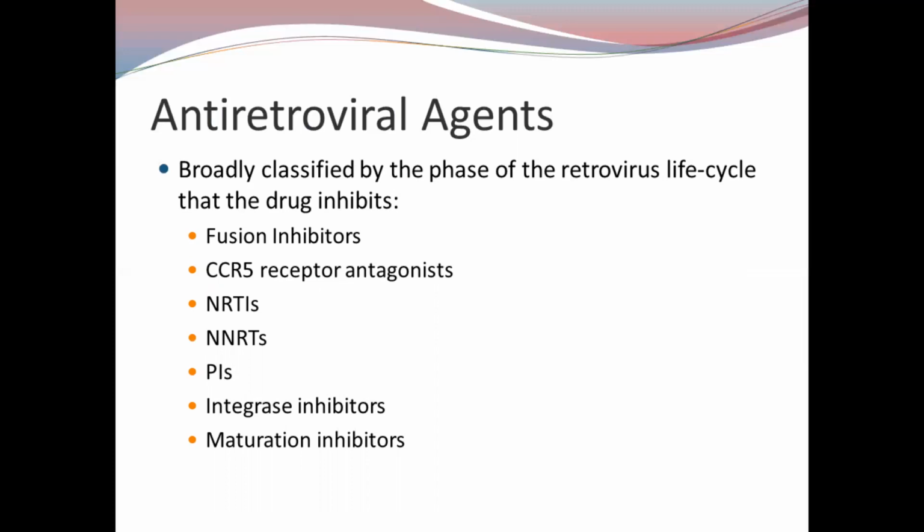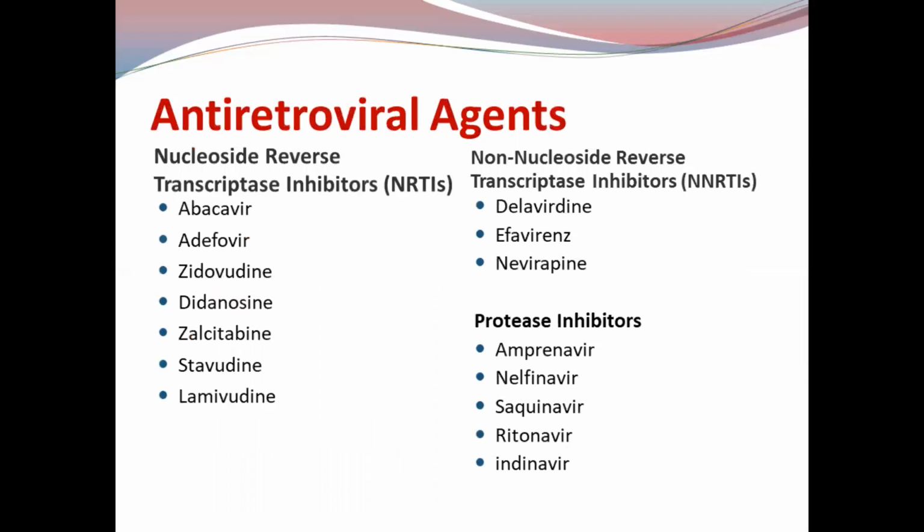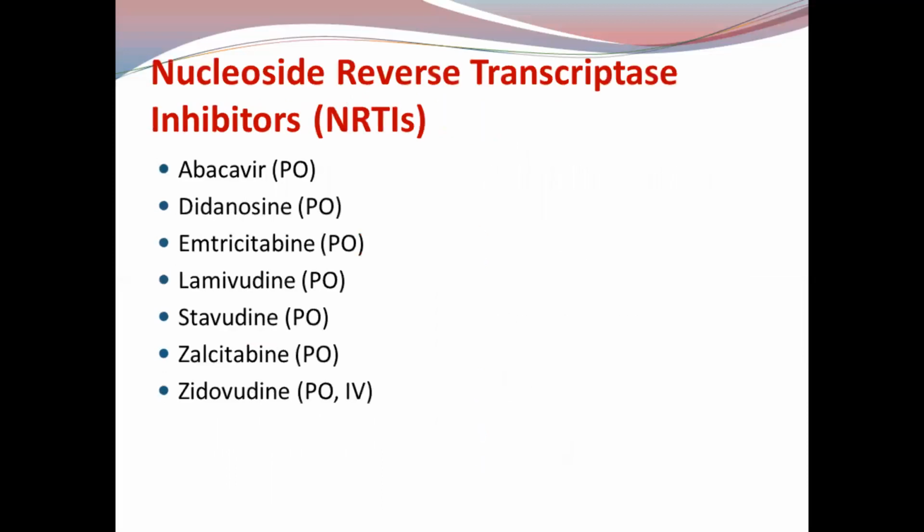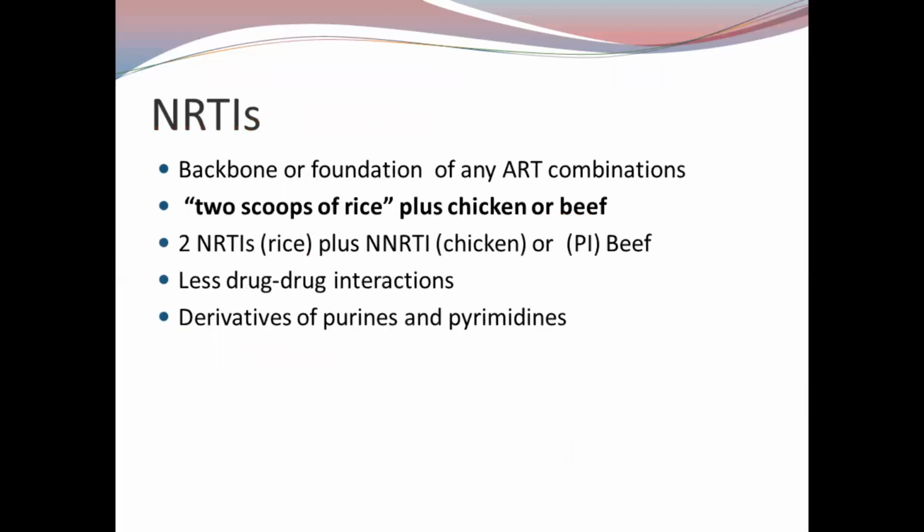So, there are different classes of drugs, no? That can be used for retroviral infection. So, familiarize nyo na lang, dapat alam nyo yung NRTI sa NNRTI. So, ito daw para maalala nyo, two scoops of rice plus chicken or beef.